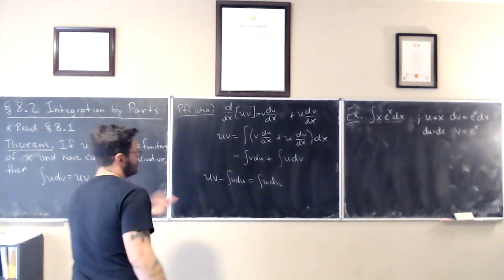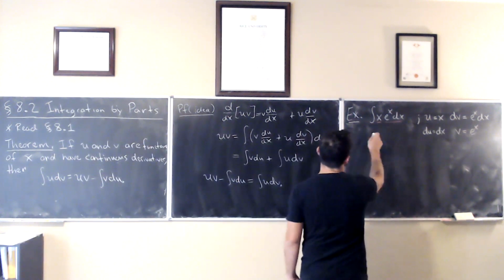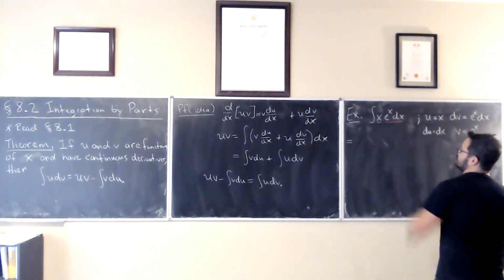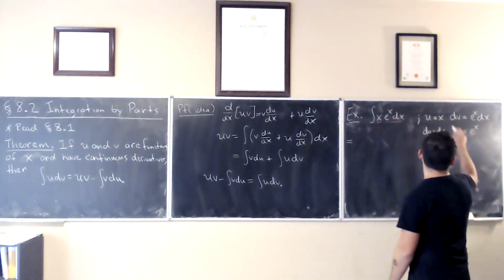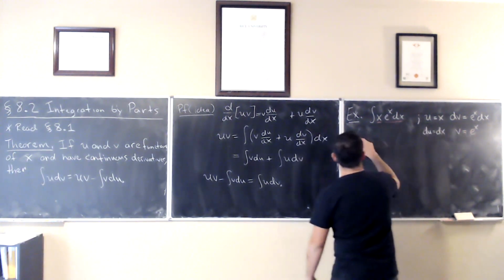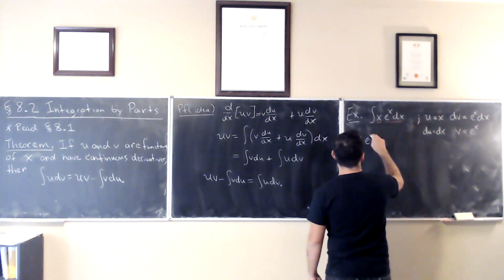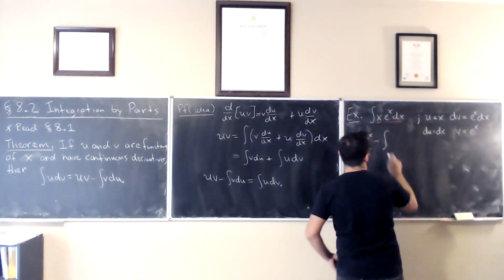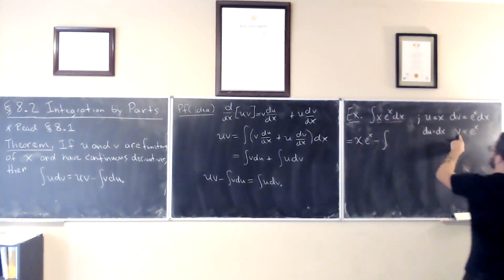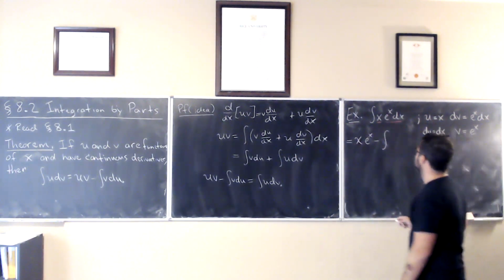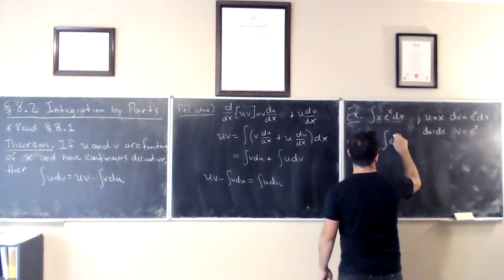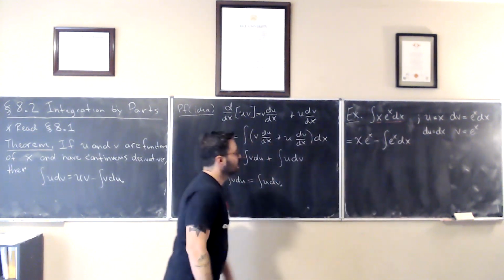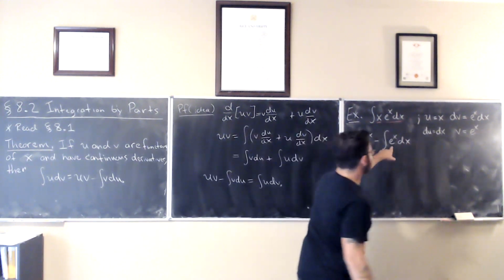Okay. So now that we have all of our pieces, we have that this is now equal to u times v minus the integral of v du. And this integral here is easy to work with.